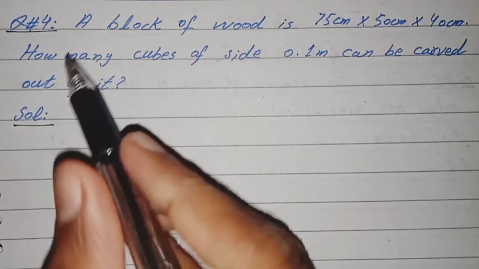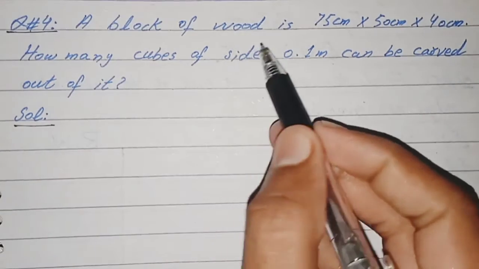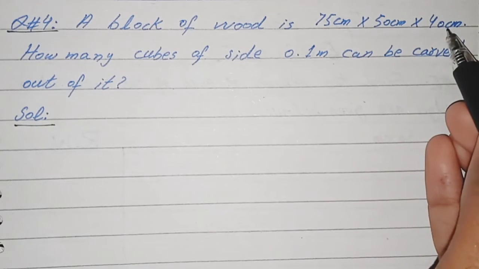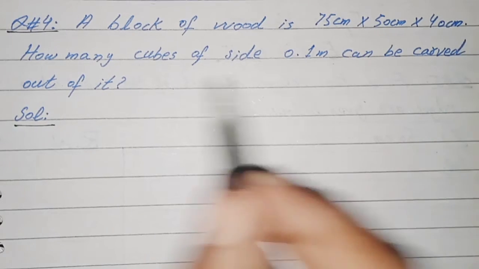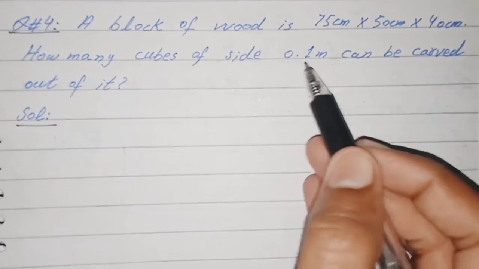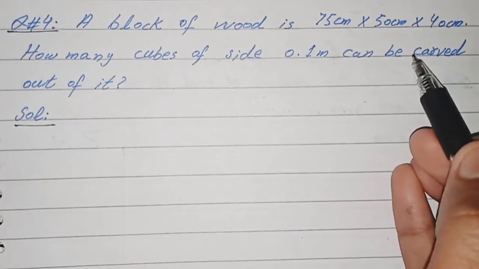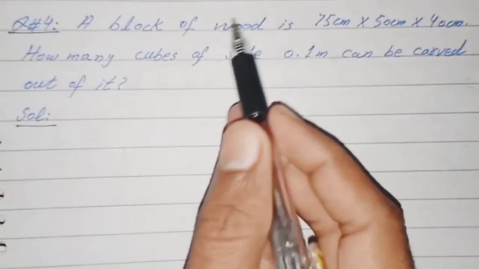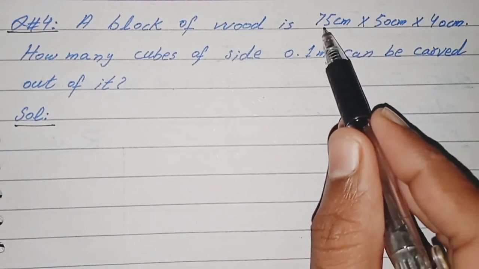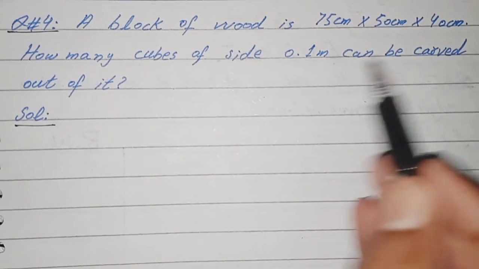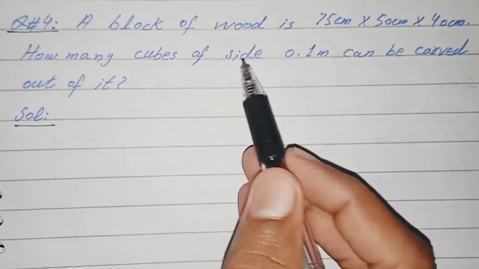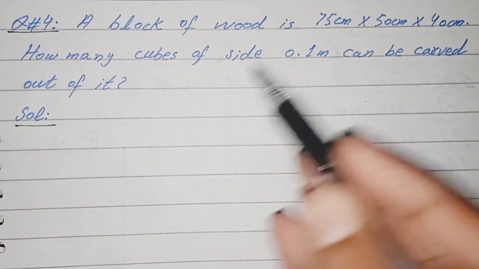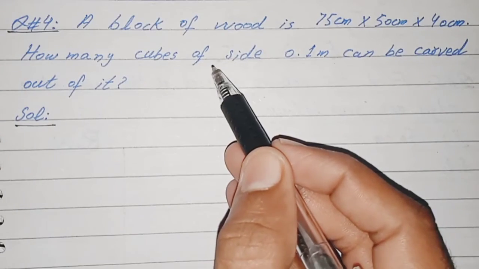Now question number 4 is written as: a block of wood is 75 centimeter multiply 50 centimeter multiply 40 centimeter. How many cubes of side 0.1 meter can be carved out of it? A block of wood has this volume and we have to find how many cubes can be carved out, that is, how many parts will be made.